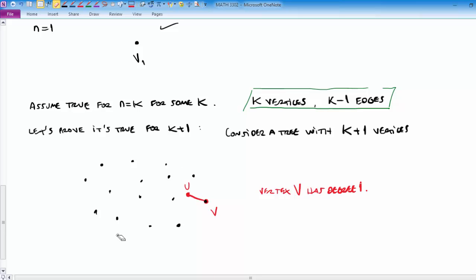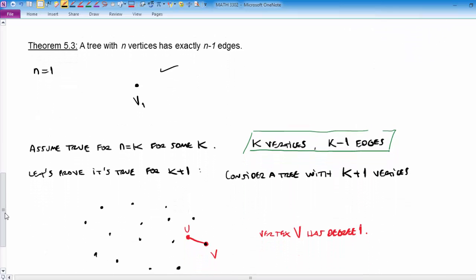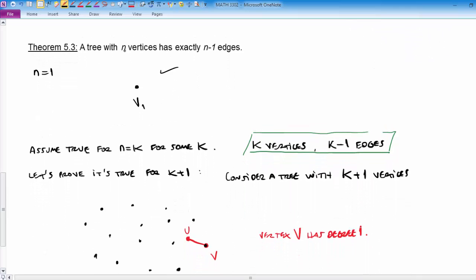That means now we have a tree with k edges. And that proves the theorem, because now we have a tree with k plus 1 vertices and k edges. According to mathematical induction, this is true for any integer value of n.